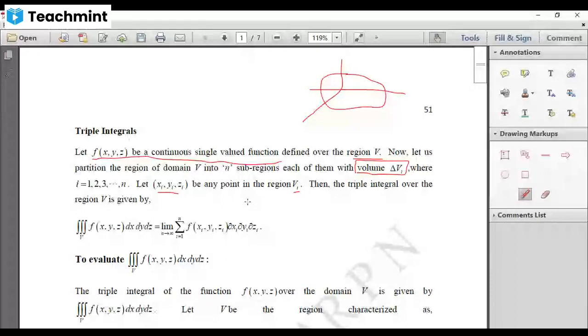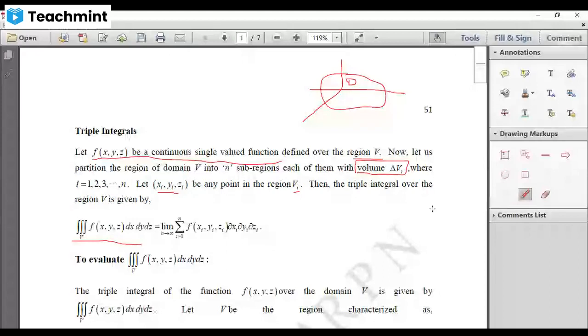If the diameter becomes 0, then that gives you the triple integral of f of xyz dx dy dz over the region V. So you make the partition of this region into n regions, as we did in the case of double integral.